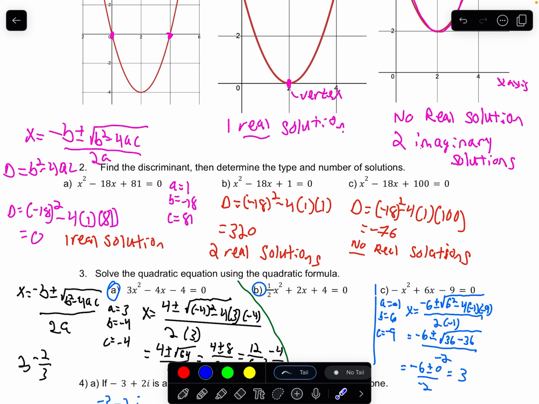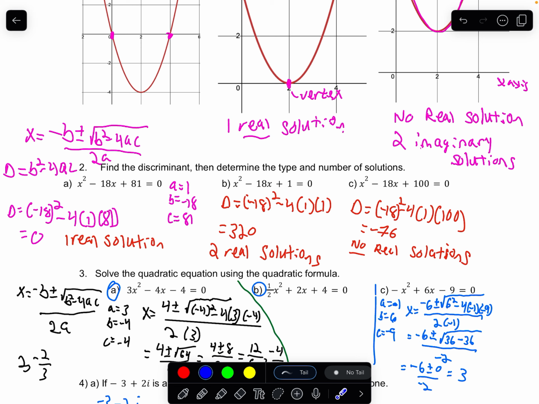0 means the graph touches the x-axis at one location, at the vertex, because if the discriminant is 0, all you have is the opposite of b over 2a, which is the location of the vertex. So if you get D equals 0 by plugging b, a, and c into the discriminant, the thing underneath the radical, you'll say one real solution.